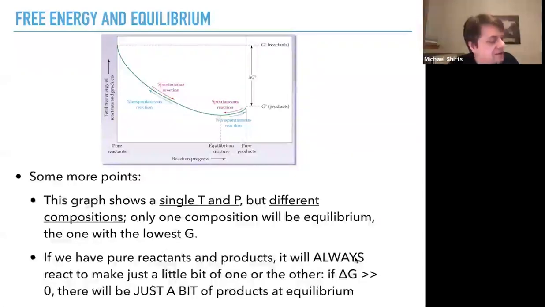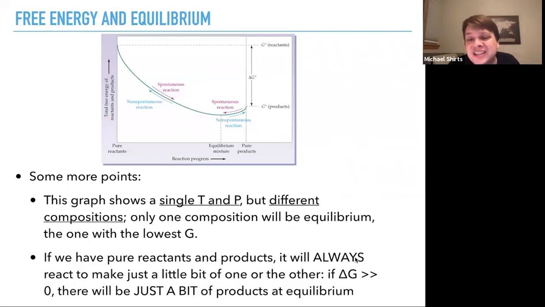Another thing to remember is that if we have pure reactants and products, it will always react to make just a little bit of one or the other. If delta G is much greater than 0, there will still be just a little bit of products at equilibrium. A way to think about that is solubility, right? In solubility, if it's an insoluble compound, the free energy is definitely tilting towards having solid rather than the ionic compound being in solution.